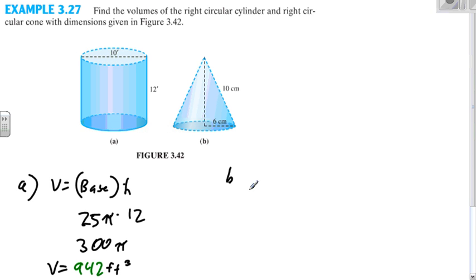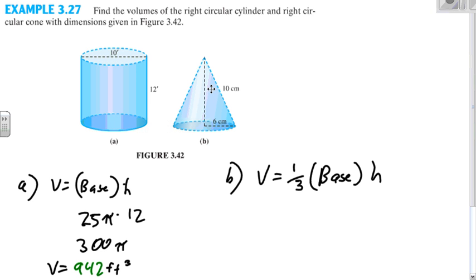For example B, the volume of a cone is 1/3 the area of the base times height. Again, we're just given the slant height, so we do need to finish our triangle.